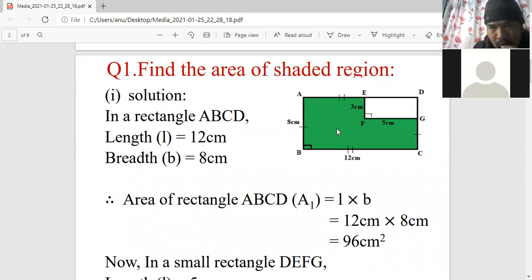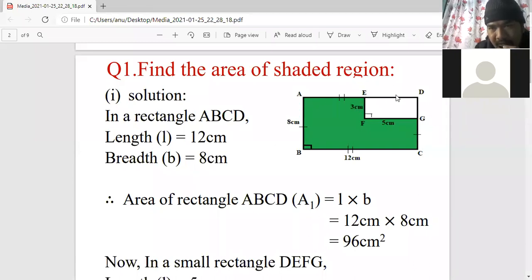When you find the area of the shaded region, we have to find the area of the bigger rectangle first, which is, suppose, A1. Then find the area of the smaller rectangle, which is, suppose, A2.